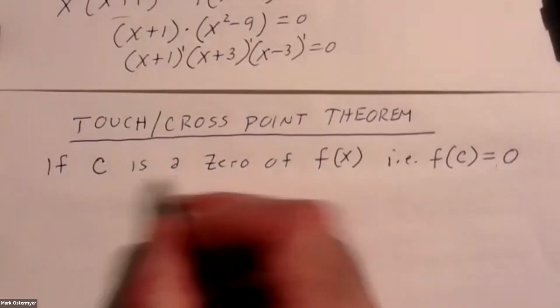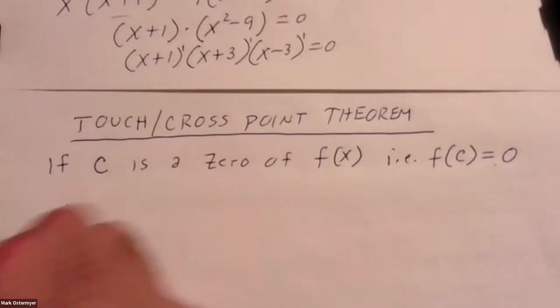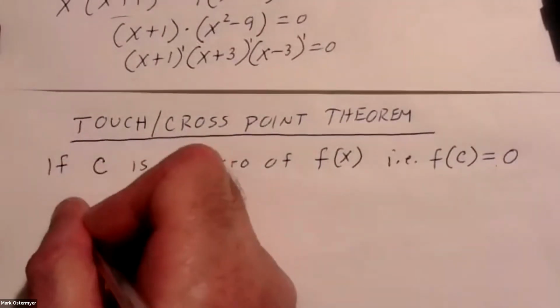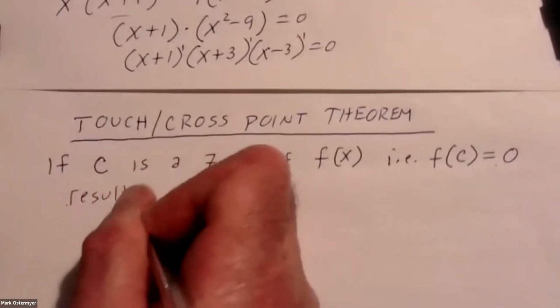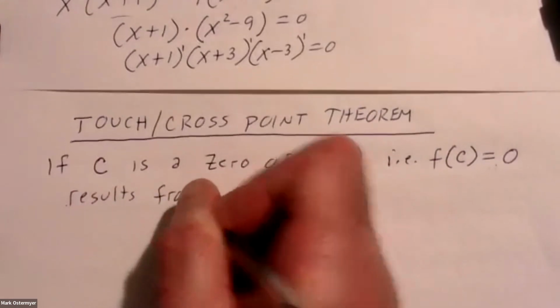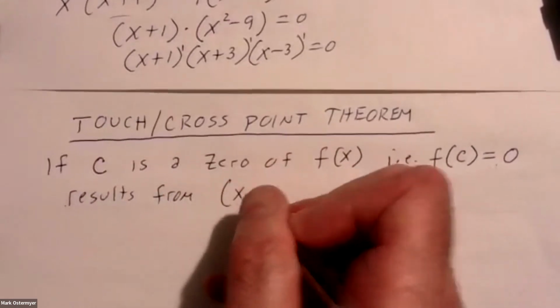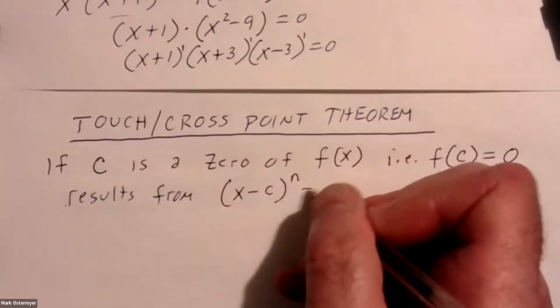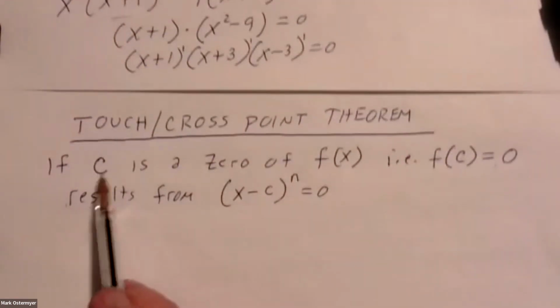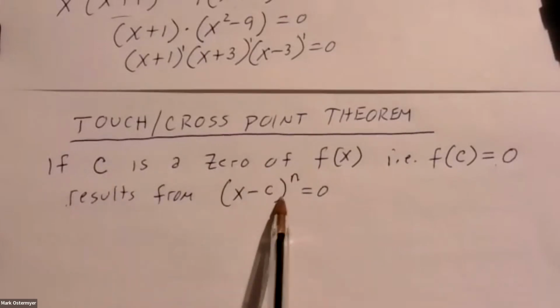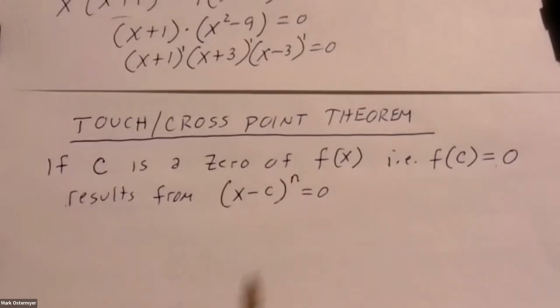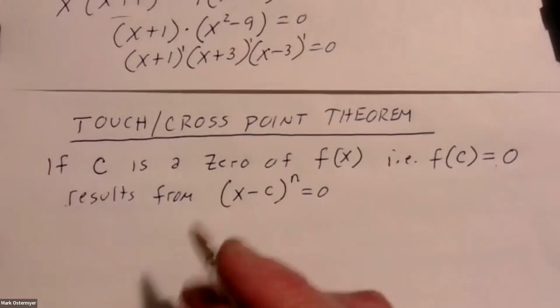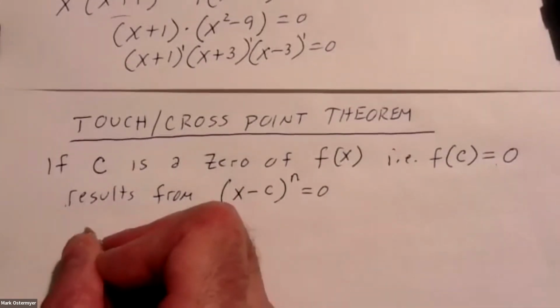Okay. Now, suppose this 0 c results from a factor of f of x in the form of x minus c, and this factor is raised to the nth power. So suppose this 0 c comes from this factor that's raised to the nth power. All right, this theorem says this, ladies and gentlemen.